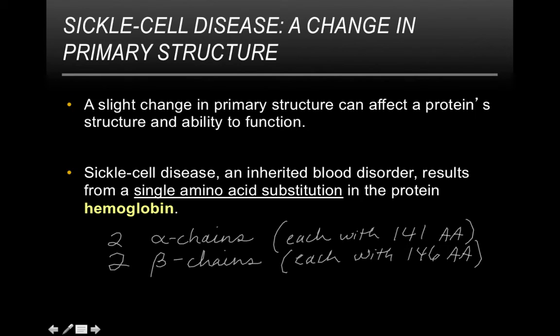So if you add that up, 2 alpha chains plus 2 beta chains, you'll see that one hemoglobin protein has 574 amino acids total per protein. In sickle cell disease, one of the beta chain amino acids out of 146 has been altered.